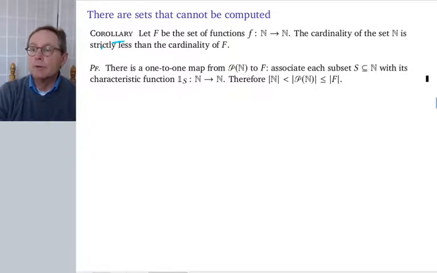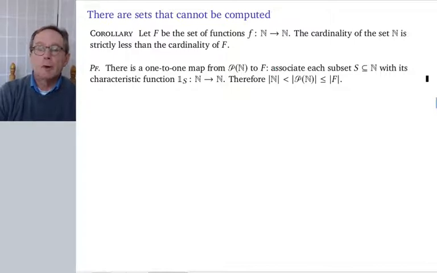You just simply associate each subset S with its characteristic function.